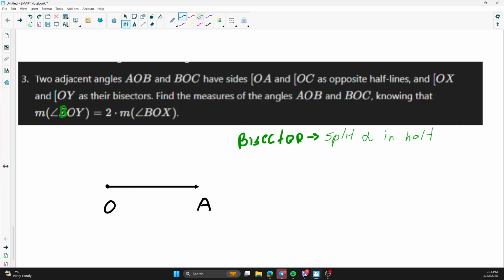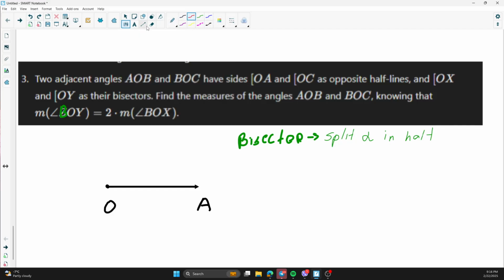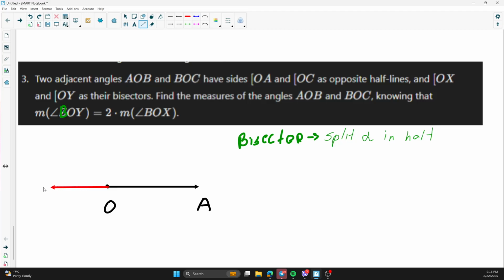The opposite is the same but in the opposite direction, which also starts from here. So it goes left. Now, how much is this angle? 180, right? And now it will be easier.